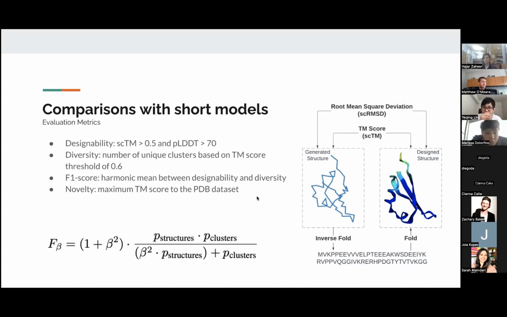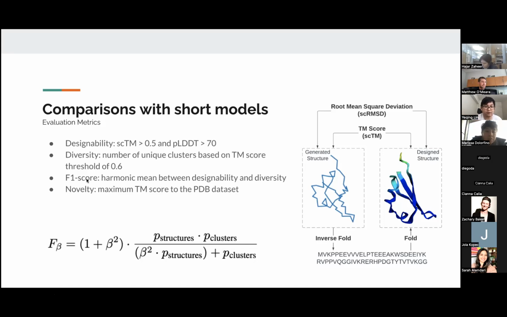So to assess the quality of the generation, we have multiple evaluation metrics. The key thing is designability, whether the structure is actually foldable, and diversity, whether the set of generated structures is diverse enough, meaning that you are capturing the diverse space of protein structure space.